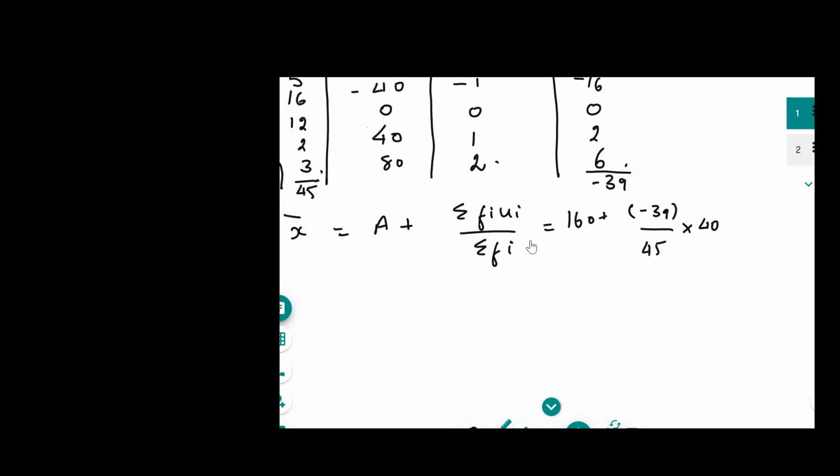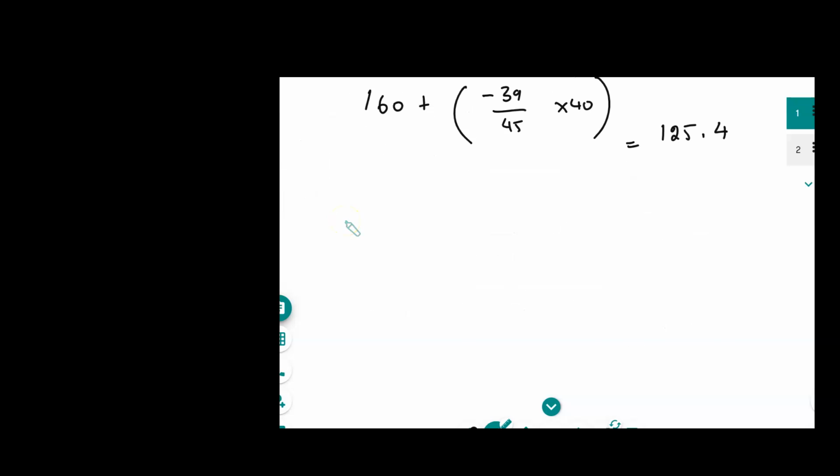So 160 plus minus 39 by 45 into 40 is equal to 125.4. Hence, the arithmetic mean is 125.4.